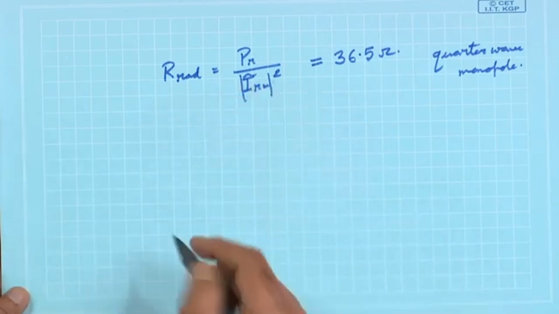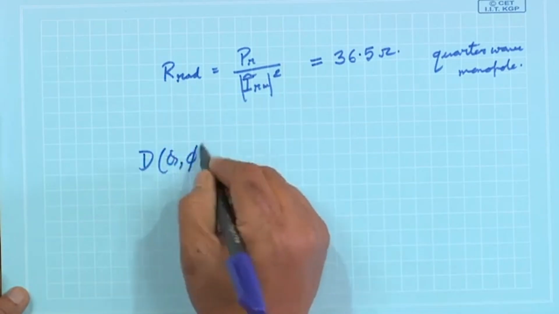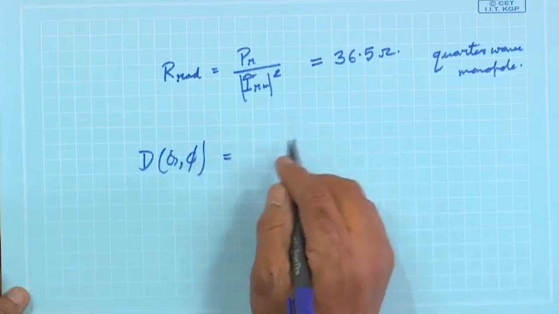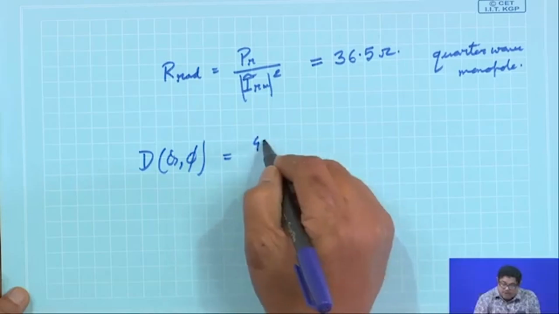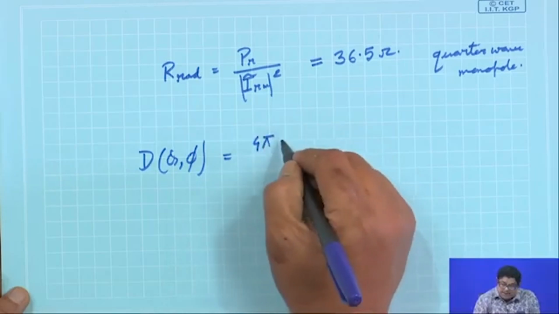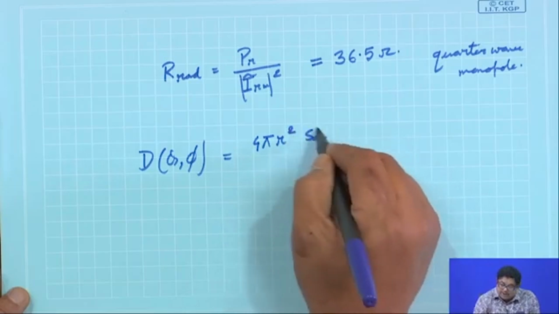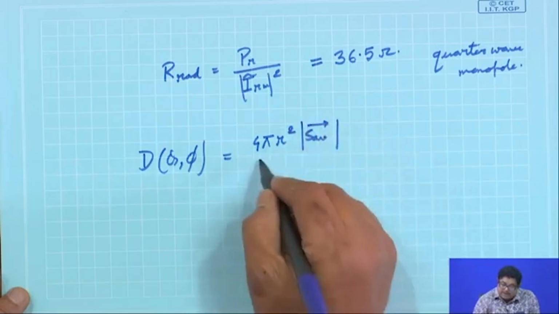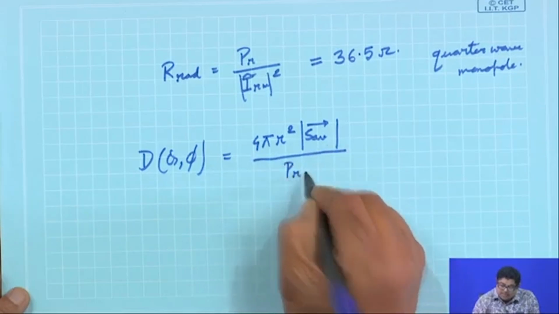Now, the only job is to put that together. What was directivity? D theta phi is the same as 4 pi r squared times the magnitude of the time average Poynting vector divided by P R.